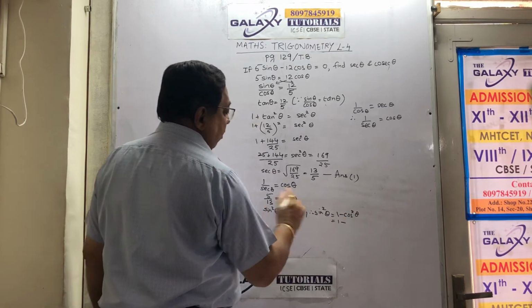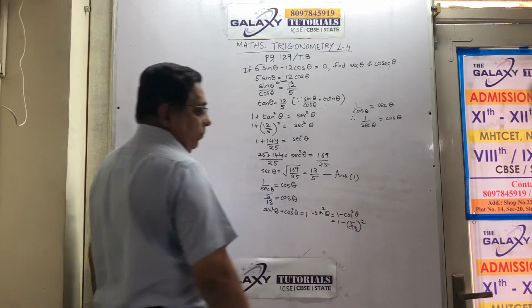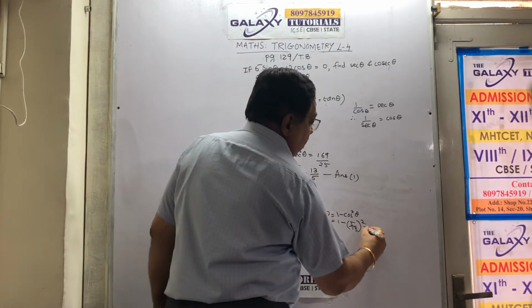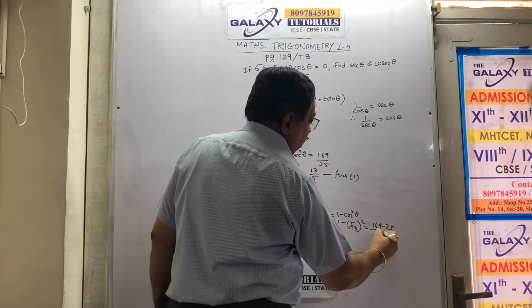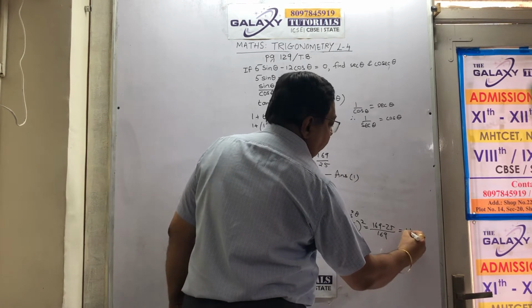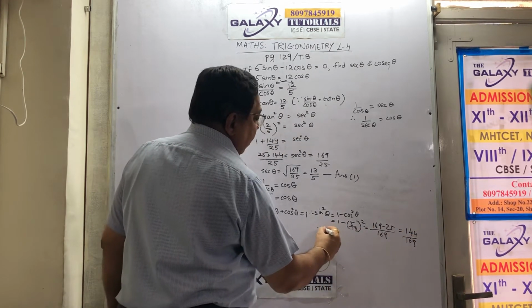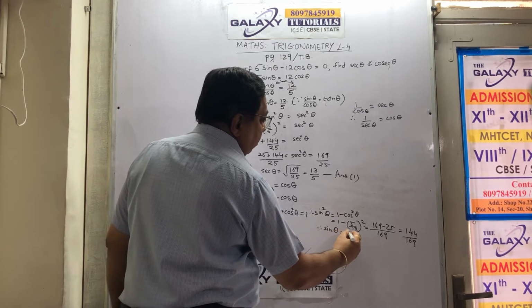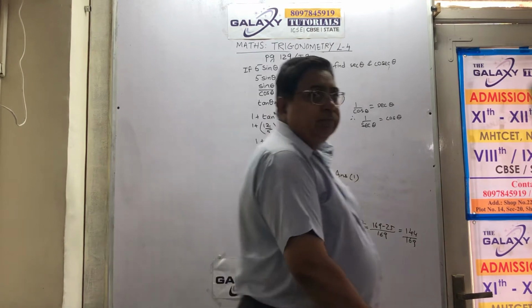1 minus 5 upon 13, the whole square, which will be 169 minus 25 upon 169. This will be 144 upon 169. Therefore, sine theta is 12 upon 13, taking out the square roots.